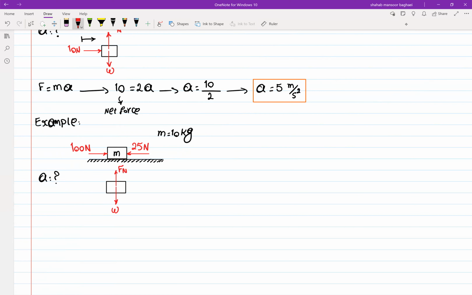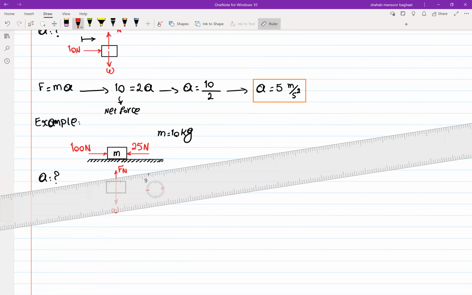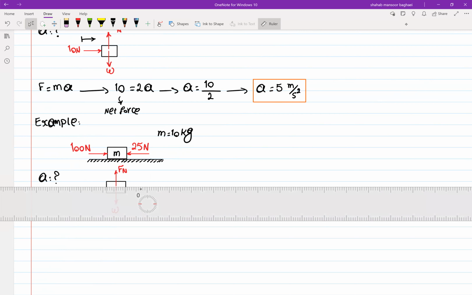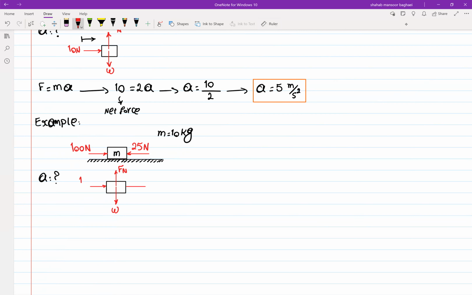W, N. And here is 100 newtons to the right. And 25 newtons to the left. 100 newtons, 25 newtons. Therefore, okay.